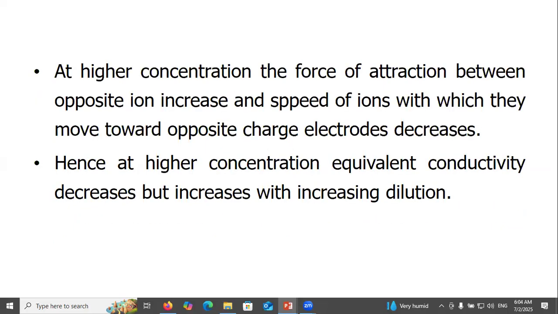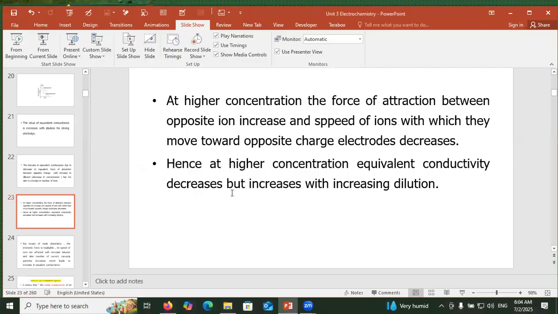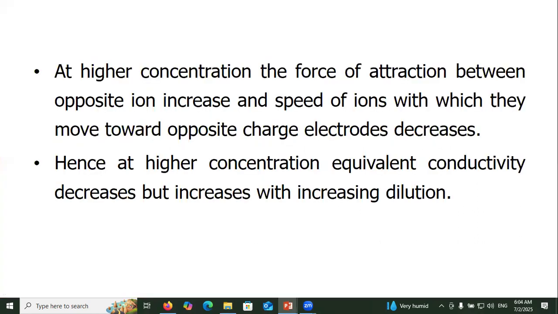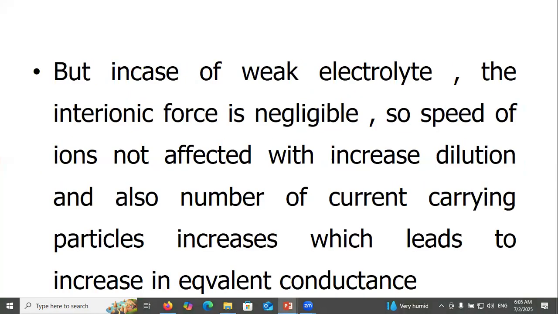At higher concentration, the force of attraction between opposite ions increases and the speed with which they move toward oppositely charged electrodes decreases. Hence, at higher concentration, equivalent conductivity decreases but increases with increasing dilution.